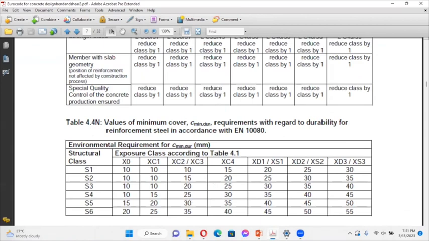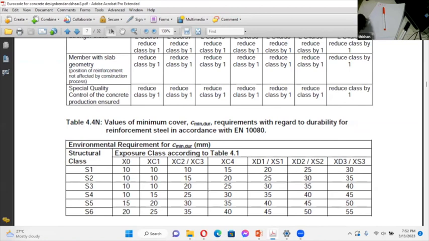So for bridges, generally we go for about 40 millimeter cover, because bridges are outside and we like to have a reasonable cover. So some typical value is 40 millimeters when it is an outside surface. That's a value that is often used in Sri Lanka. But if you want to allow for some construction tolerances, you can go up to about 45 or 50 millimeter cover.